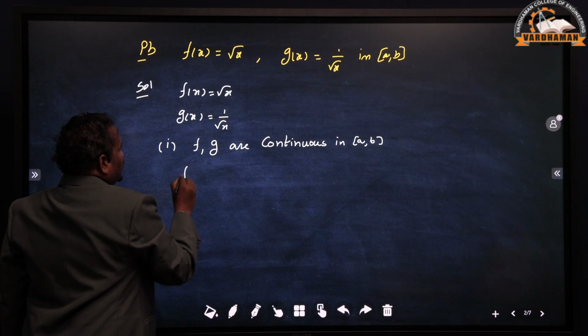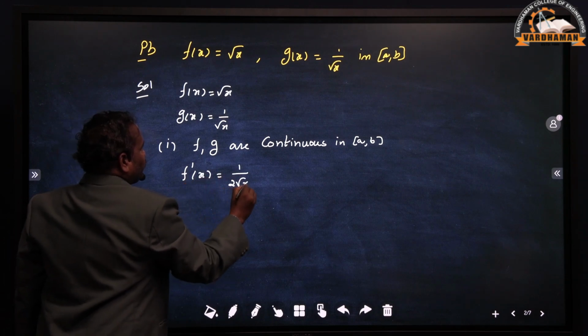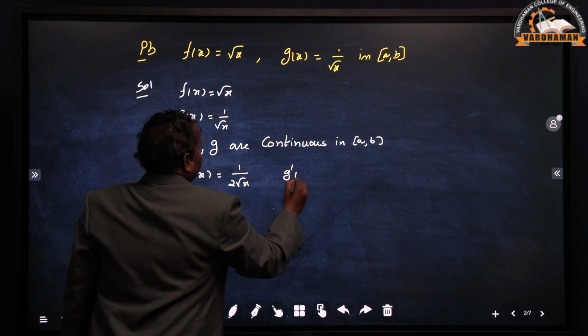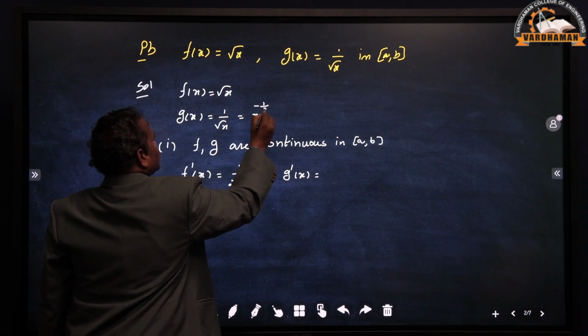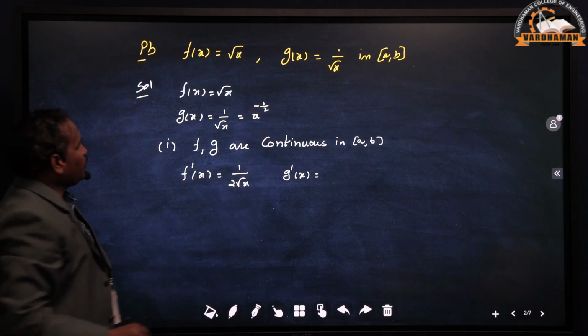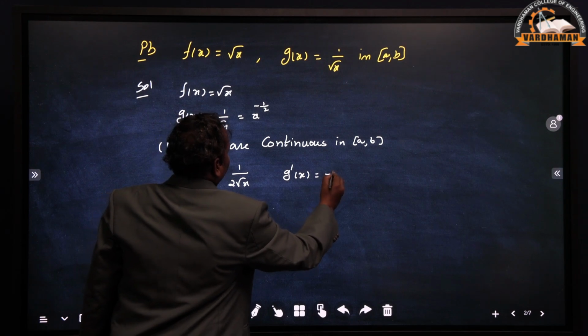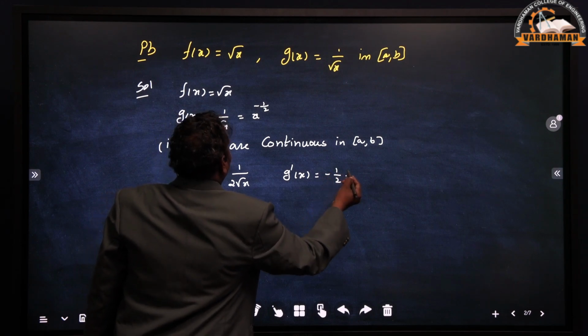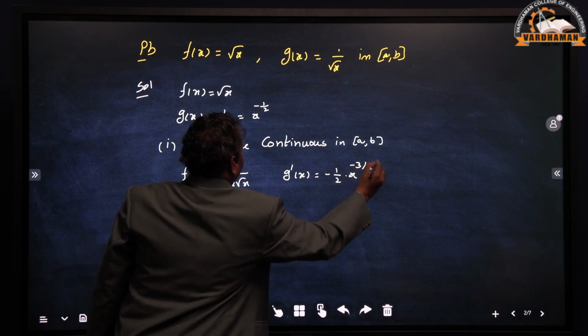So see here, f'(x), the derivative of root x, is 1 by 2 root x. For g'(x), the derivative we want, this can be written as x power minus 1 by 2. The formula for the derivative is n into x to the power of n minus 1. So this is minus 1 by 2 into x power minus 3 by 2.